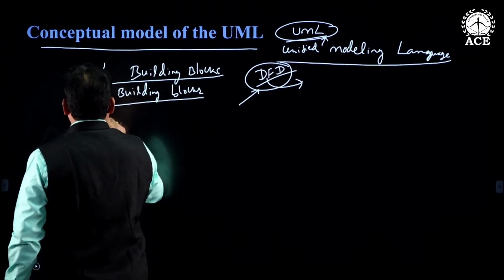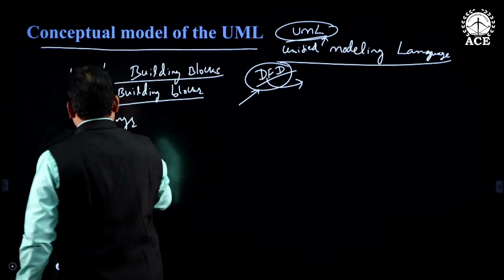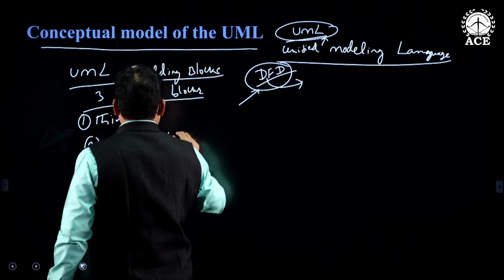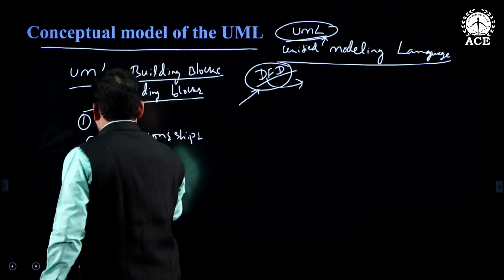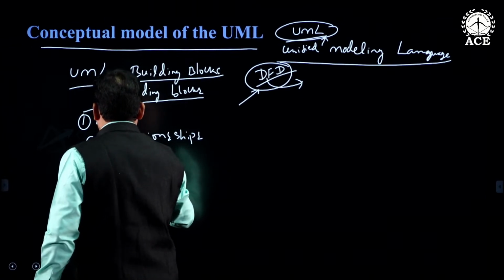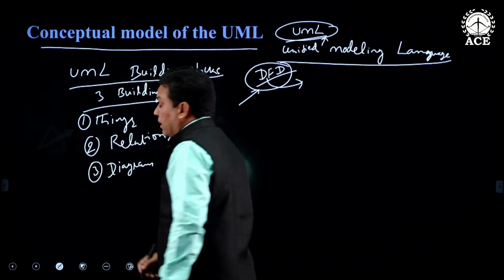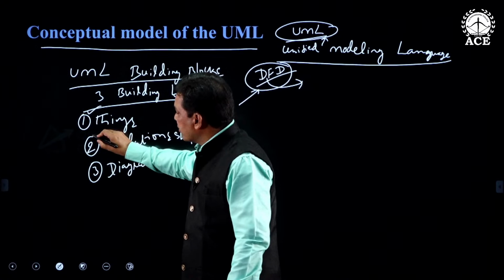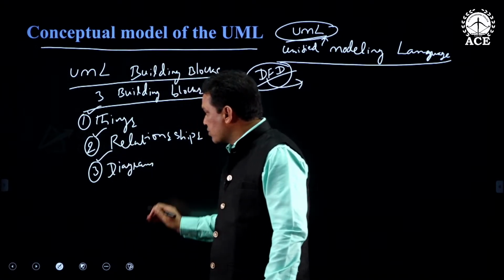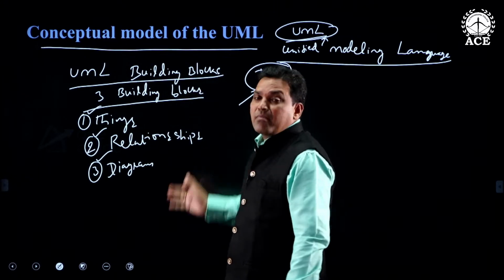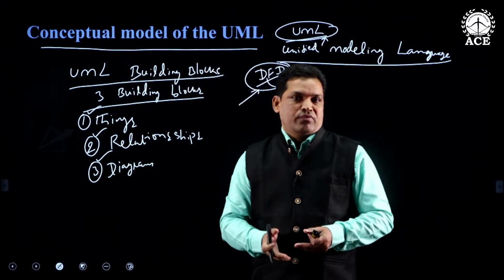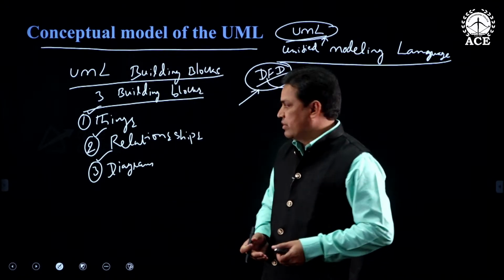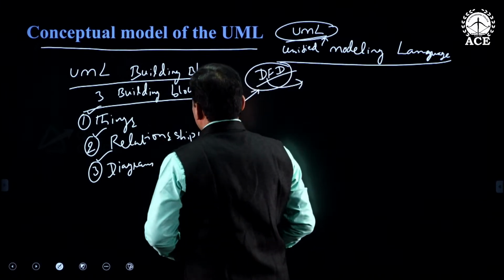First one is things, second one is relationships, third one is diagrams. Using these three building blocks, the designers can design a software system. That's why UML building blocks play a major role in modeling a software system. About these three building blocks, we will discuss in detail.